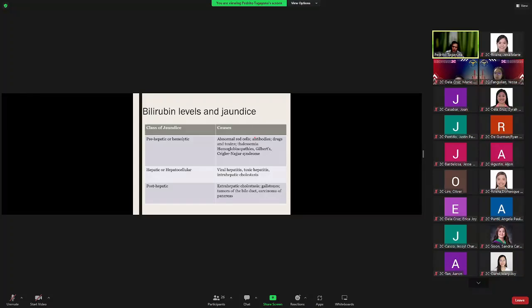So the jaundice will be classified into prehepatic, hepatic, and post-hepatic, and the causes are on the right. I'm giving you tables so it will be easier for you to memorize them because I will be asking this. When there is hemolysis, there is destruction of red blood cells. Diseases like hemoglobinopathies, hemolytic transfusion reaction, thalassemia, or drugs that cause hemolysis will be prehepatic.